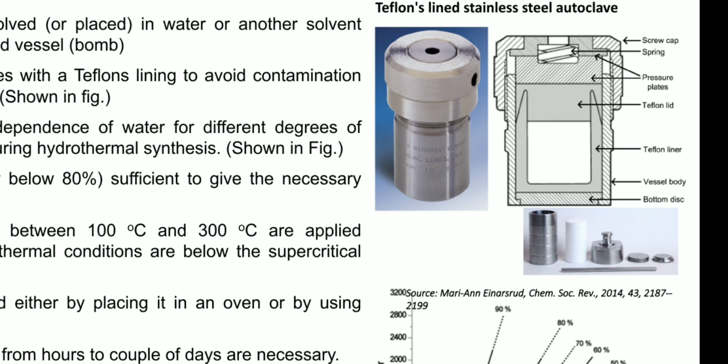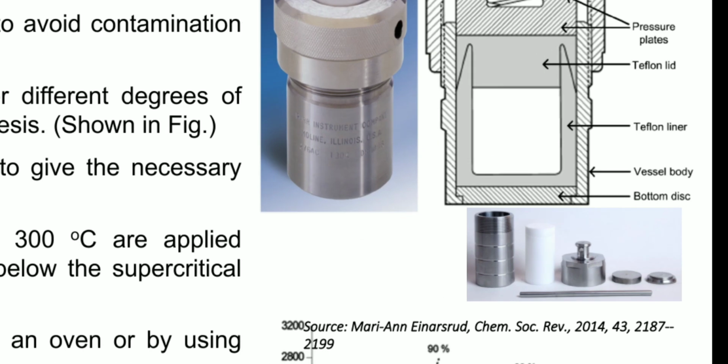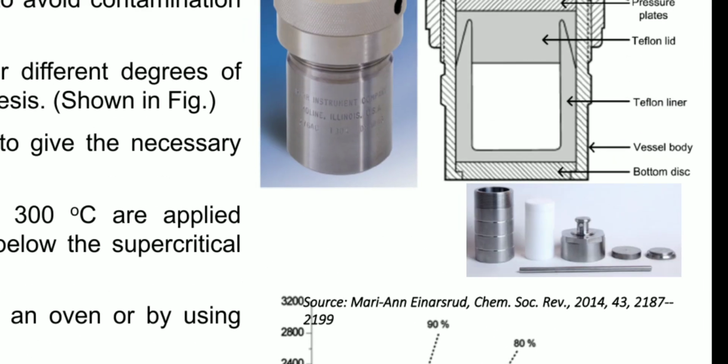If you open it out, then the different parts are shown in the photograph below, where you can see the different parts of the autoclave. In the white colored Teflon liner, you have to insert your precursor, which is dissolved in water or some sort of solvent, and fill that Teflon liner.